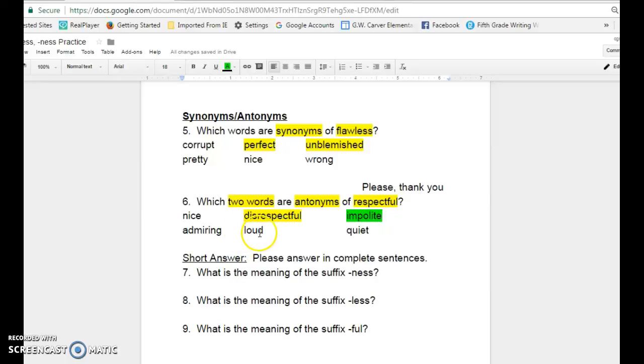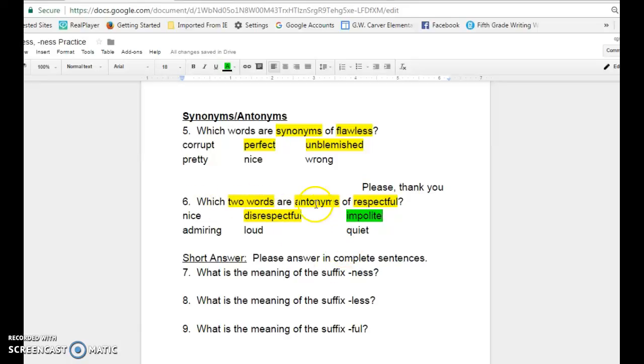So be careful. Loud is a volume, okay? Respect is more with your words and your actions. Quiet. Again, that is more with your volume. You can be quiet and not be respectful. That's a volume, not your actions, okay?